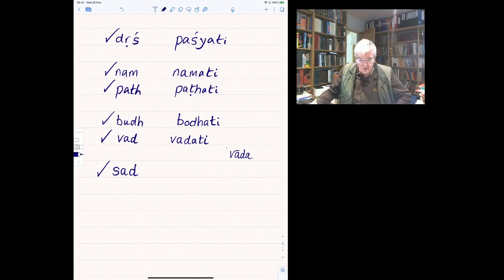Notice that this root then changes, it has a different present base, that sad becomes seed, but it's the same verb. So he sits is seedati.